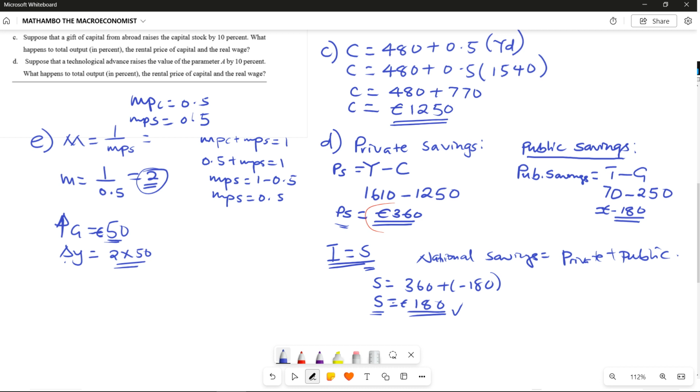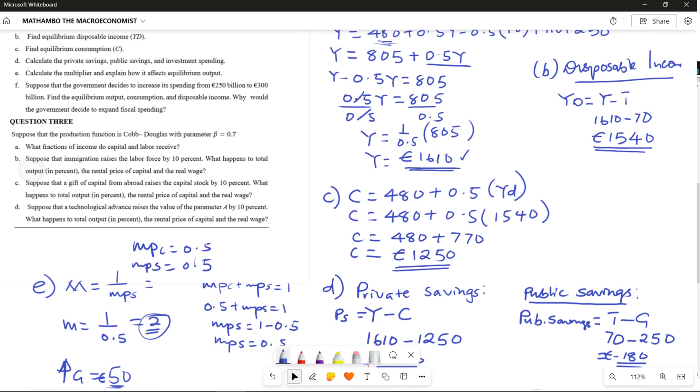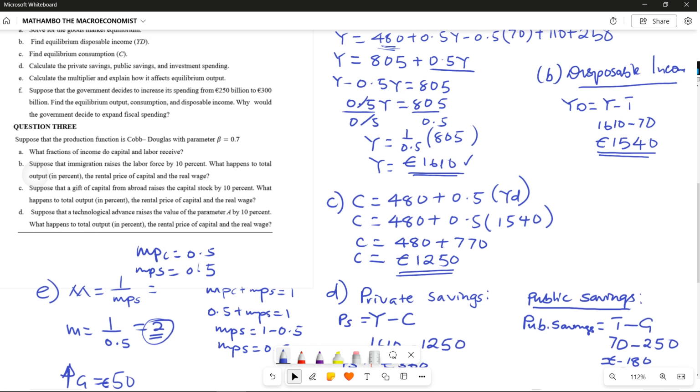If the multiplier was 5, then a 1 unit change in, say, government expenditure would have 5 times the impact. So that is what the multiplier is all about.